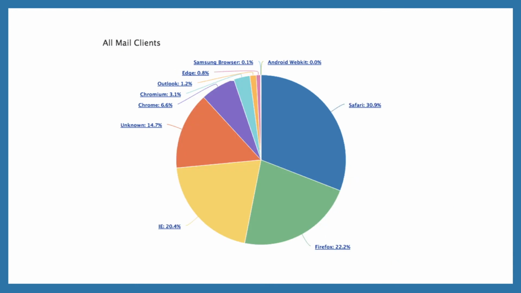The next one is looking at mail clients. Now this one is quite interesting in relation to who's doing what. So Safari would imply basically Apple, whether that's on the iPhone or iPad, for instance. That would be my understanding, or at least a cloud-based email client. Same with Firefox and IE.